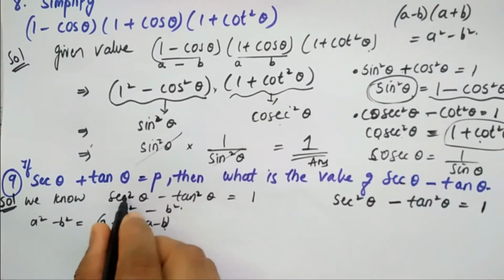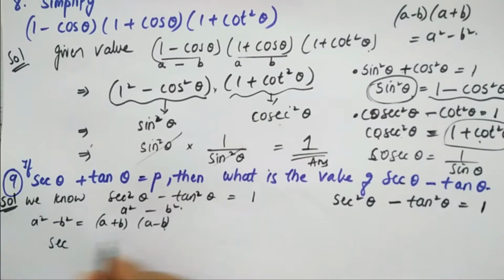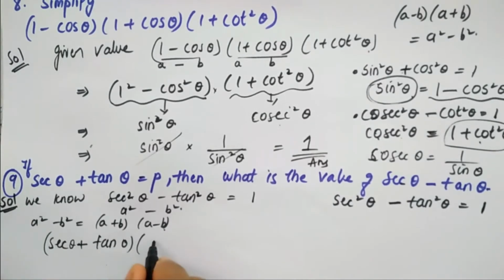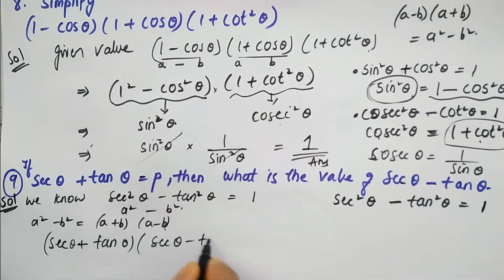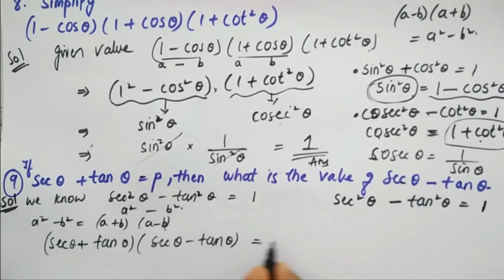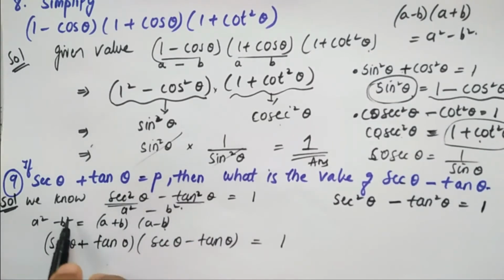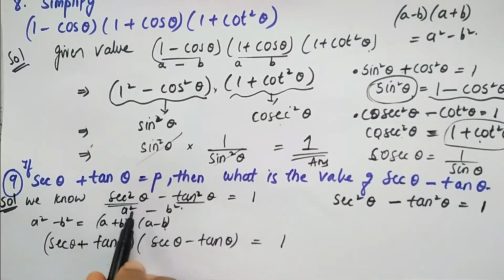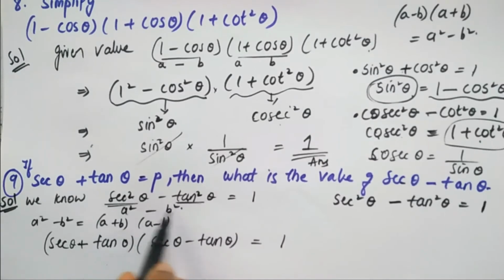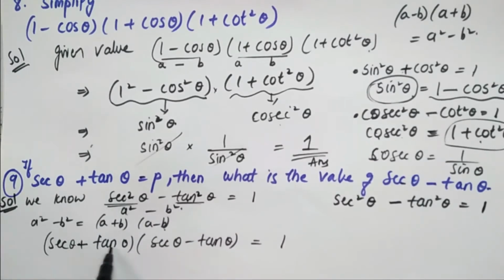What is a in our case? It is secant. What is b in our case? It is tan. Secant theta plus tan theta into secant theta minus tan theta is equal to 1. We are just simplifying this using the identity of a square minus b square. Secant is a, tan is b.